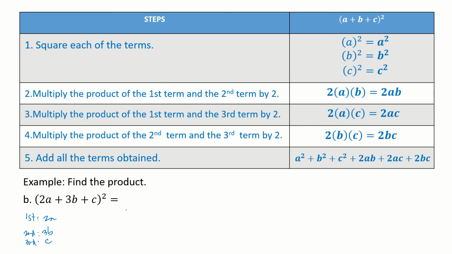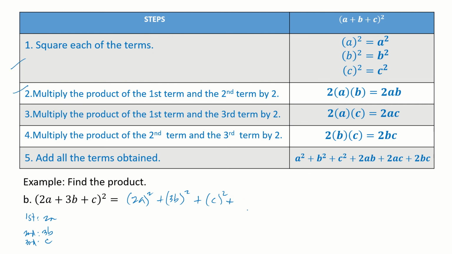So we do the same thing to get the square of the trinomial. Get the square of each of the terms. So that's 2a raised to the power of 2 plus the second term 3b squared plus the square of the third term. That's the first step.